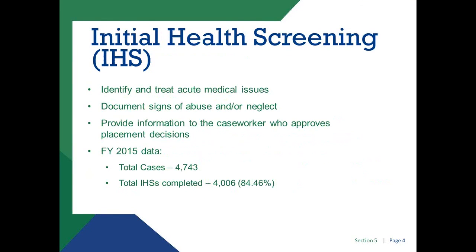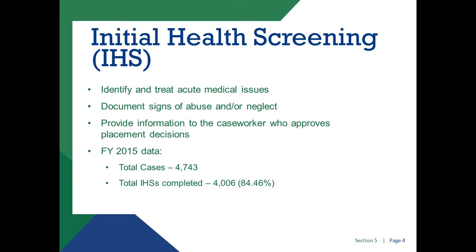I'd like to first say that the requirements that we're laying out for initial health screen and comprehensive health evaluation are components that are required in our federal court consent decree. So the initial health screen is to be completed within 24 hours of our agency taking custody of a child.